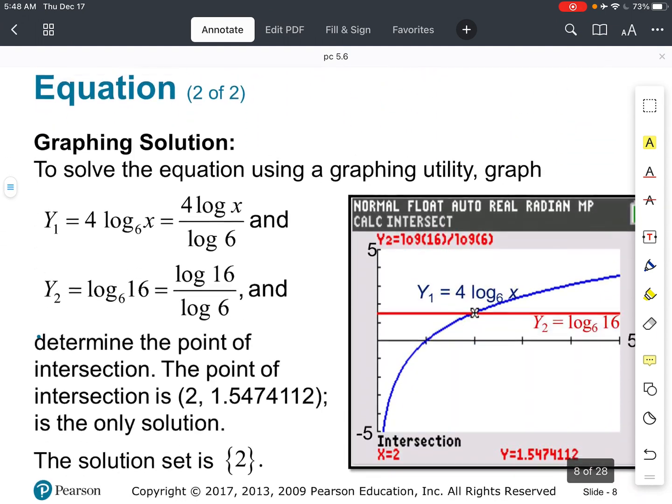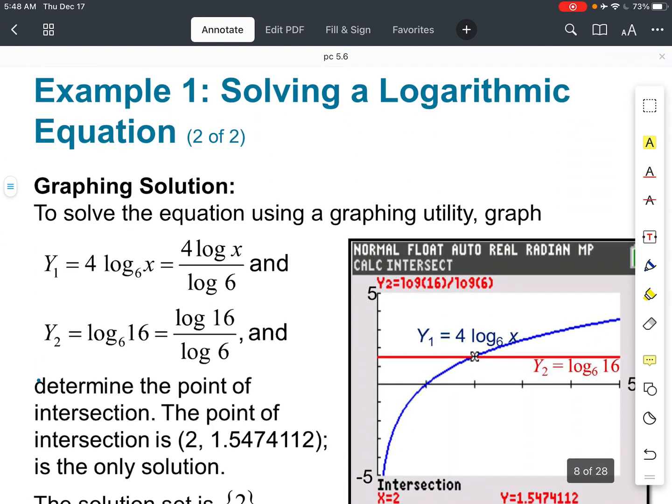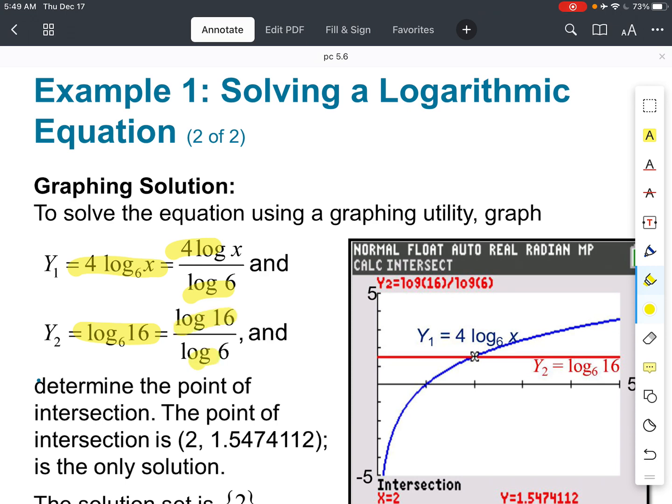They also show you how to graph this on your TI. To graph it on your TI, you're just going to graph each side of the equal sign separately. So notice, one of the graphs is this, and one is this. It's each side of the equation. And they convert it to log base 10 using the change of base formula. So use your change of base formula and you can graph these.